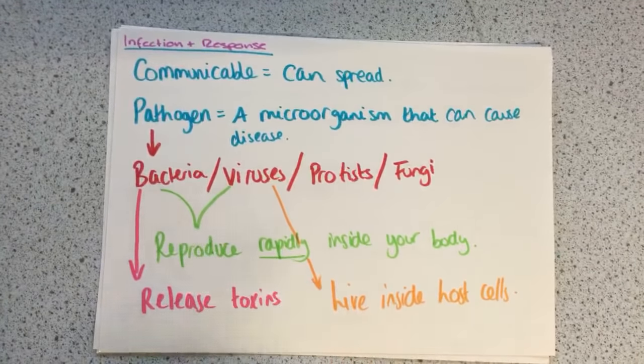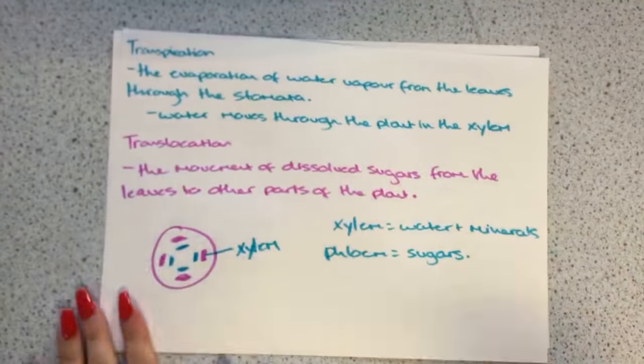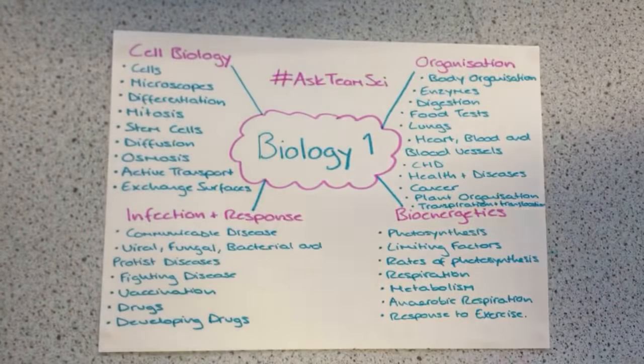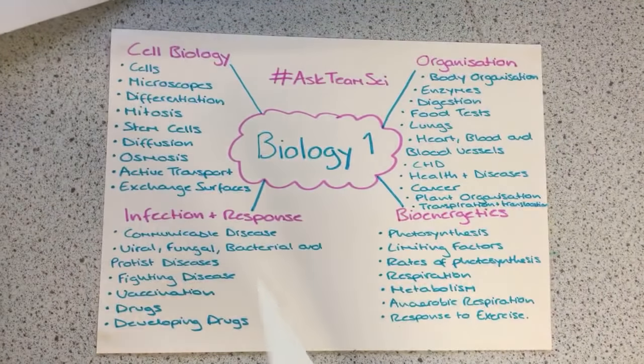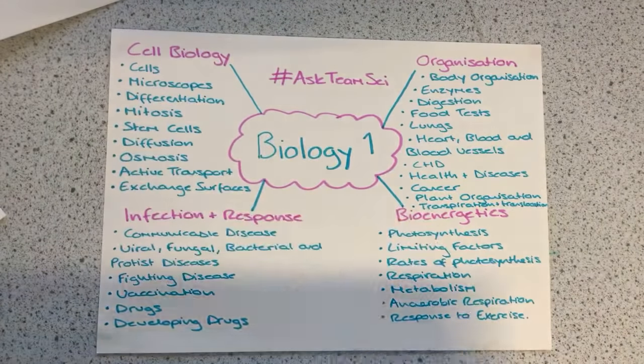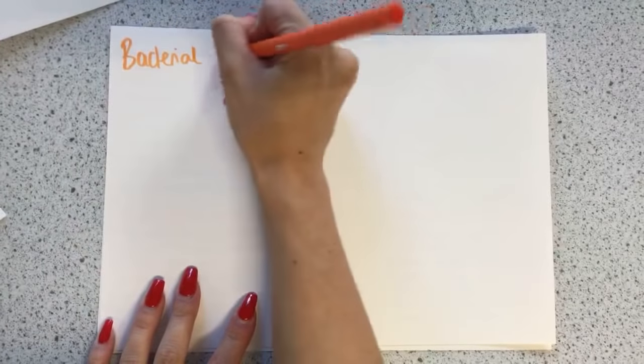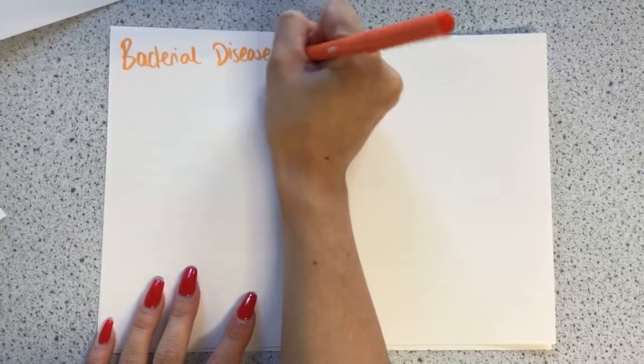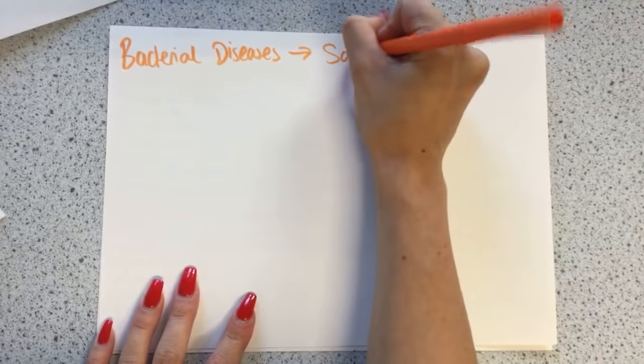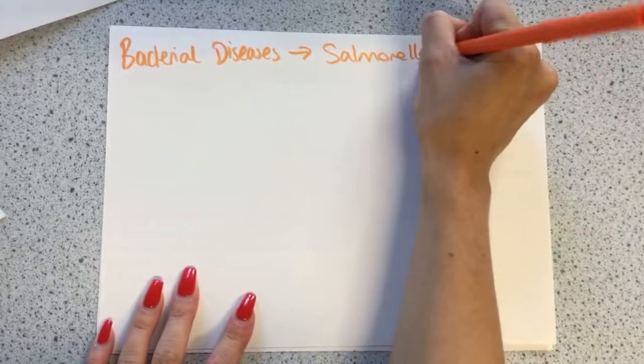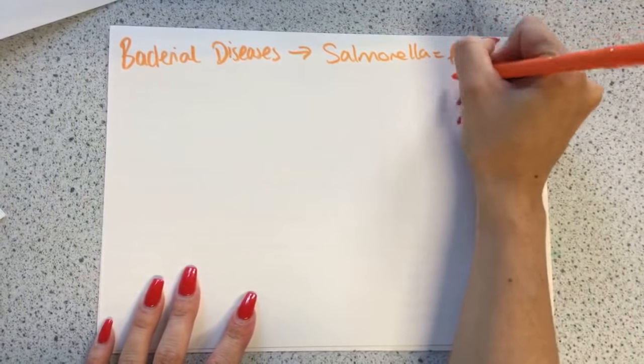Next then, you learn about different diseases for each type. So I'm going to start with bacterial diseases and then we'll look at the rest. So bacterial disease, these are nice and easy. You've got salmonella, which is food poisoning.